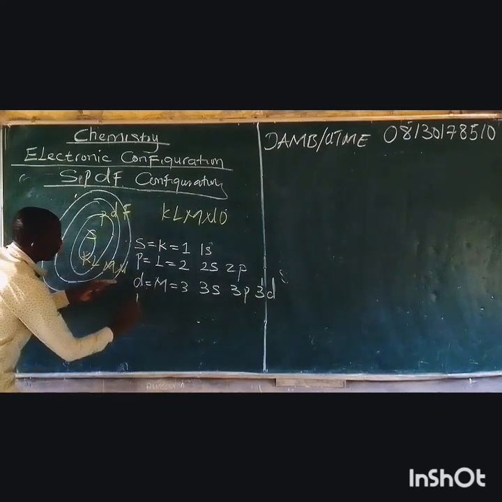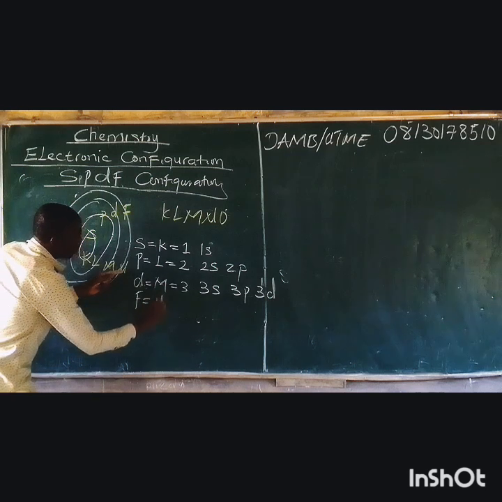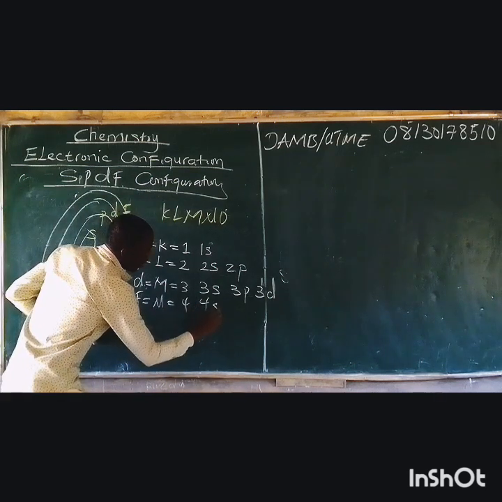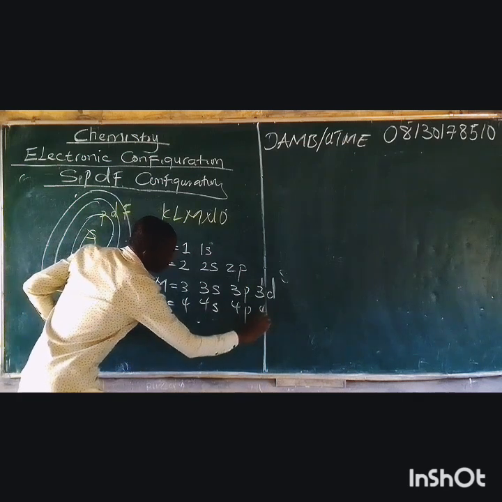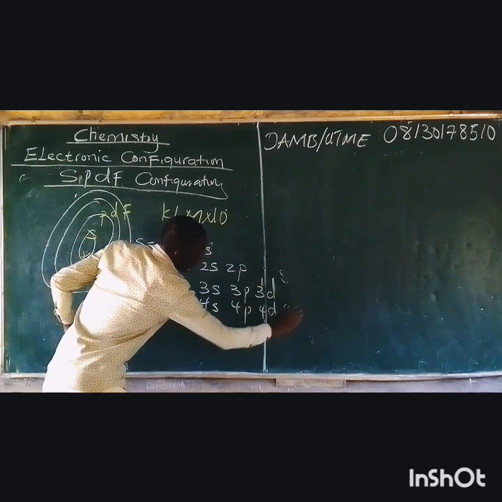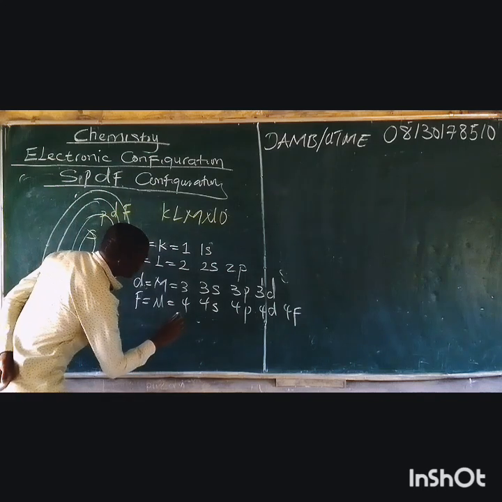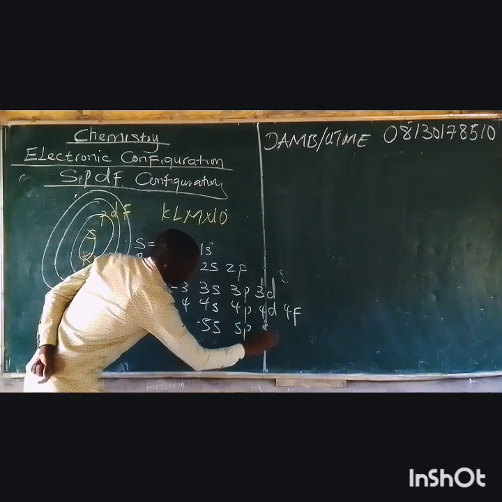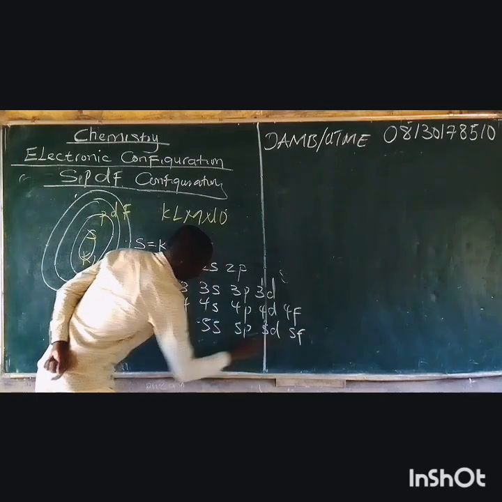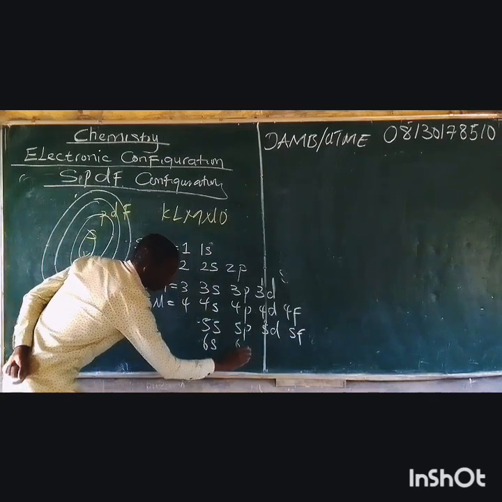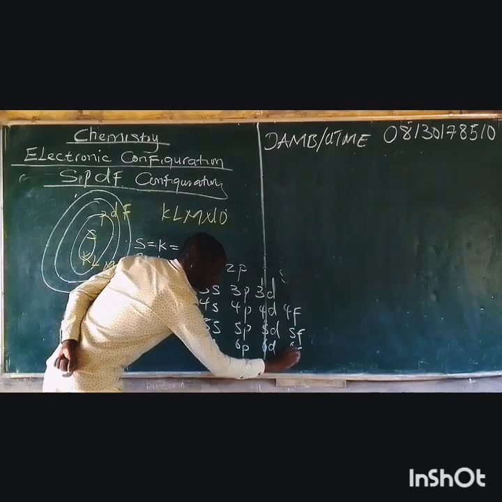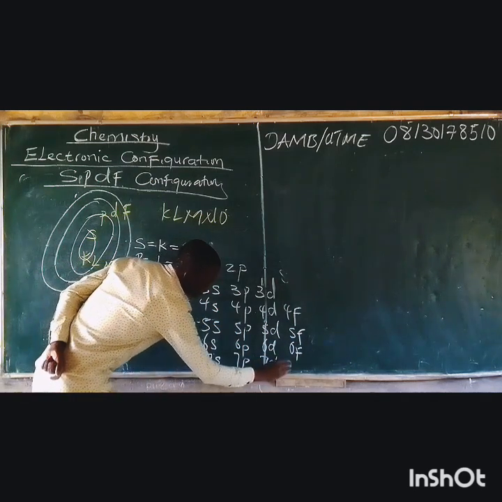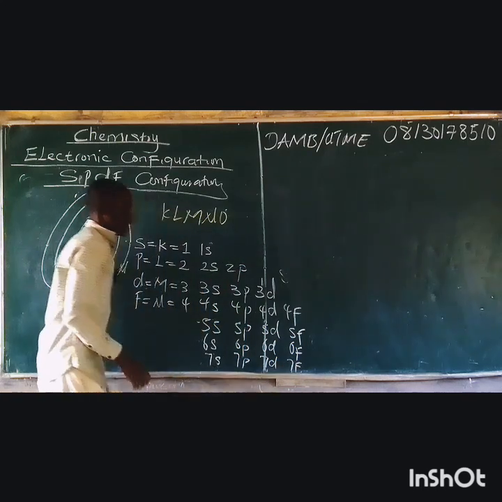The fourth shell, the N, has the 4s, 4p, 4d, and 4f. You can fill in the rest: 5s, 5p, 5d, 5f; 6s, 6p, 6d, 6f; 7s, 7p, 7d, and 7f.